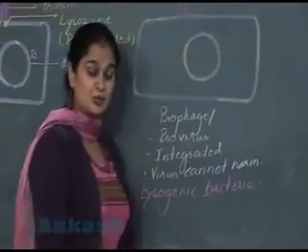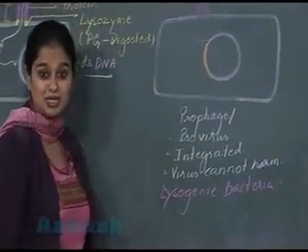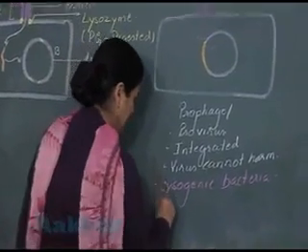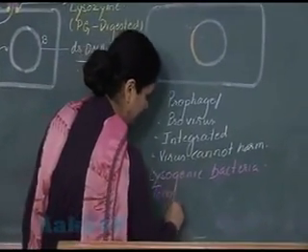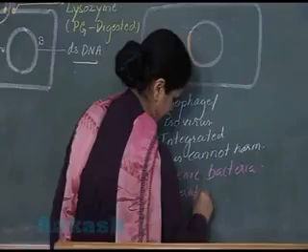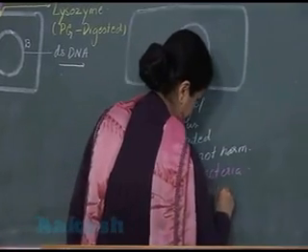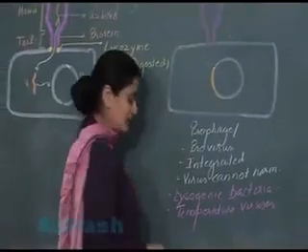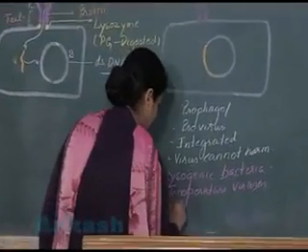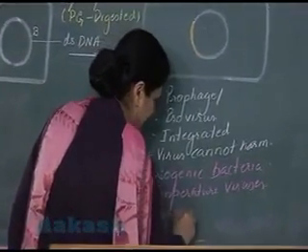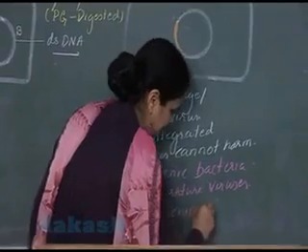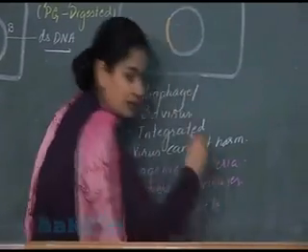The viruses which can show this type of condition are known as temperate viruses. And this type of life cycle of virus is known as lysogenic cycle.